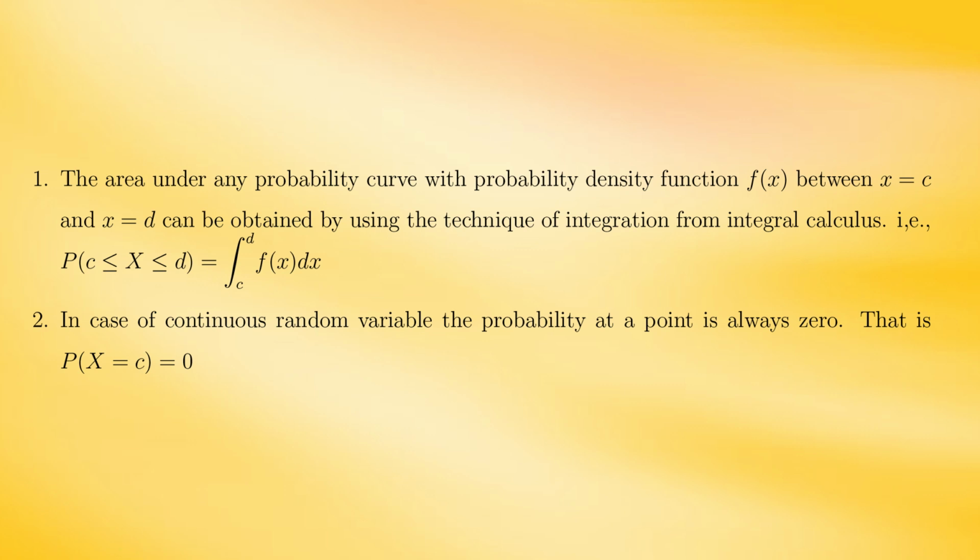That is, probability of c less than or equal to x less than or equal to d is equal to the integral from c to d of f of x dx. In case of a continuous random variable, the probability at a point is always 0. That is, probability of x equal to c is equal to 0.